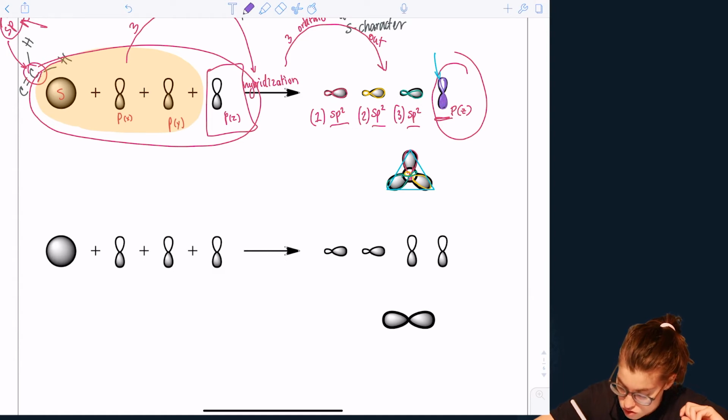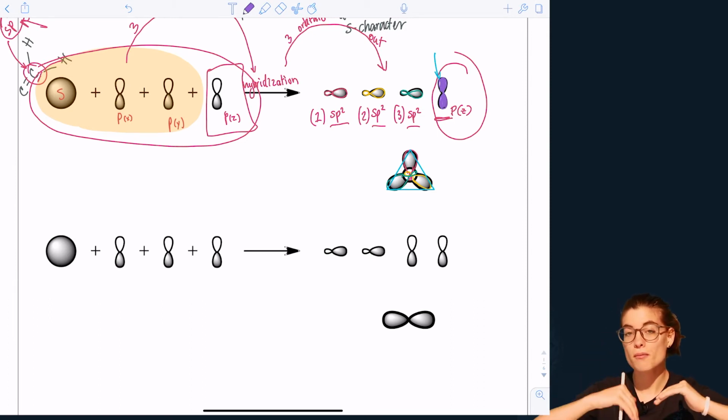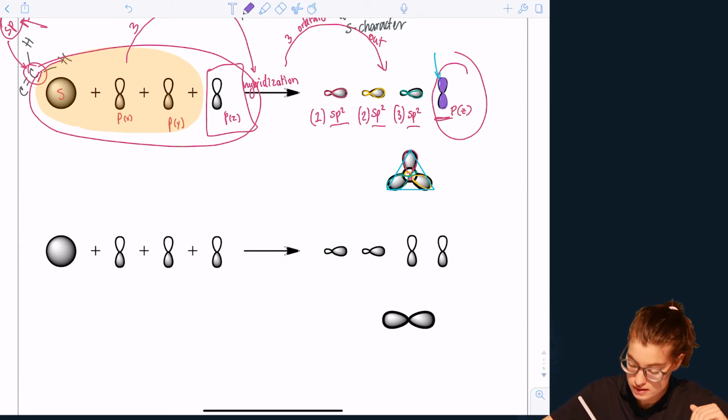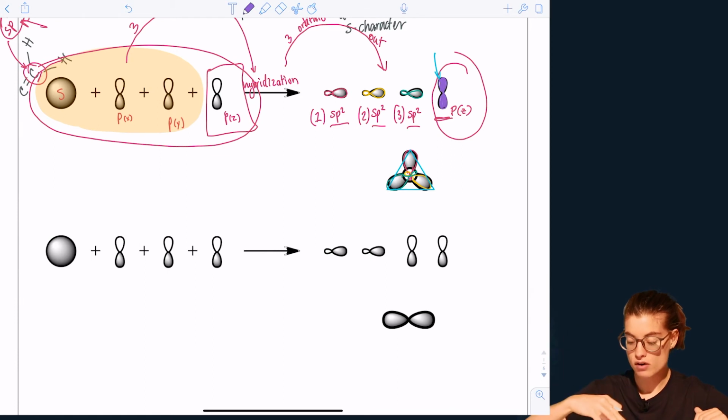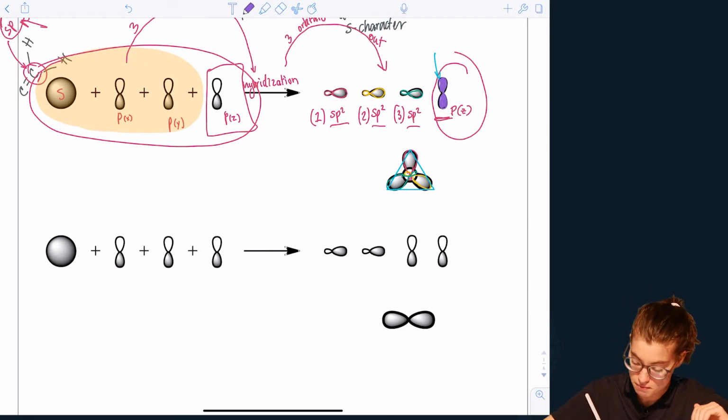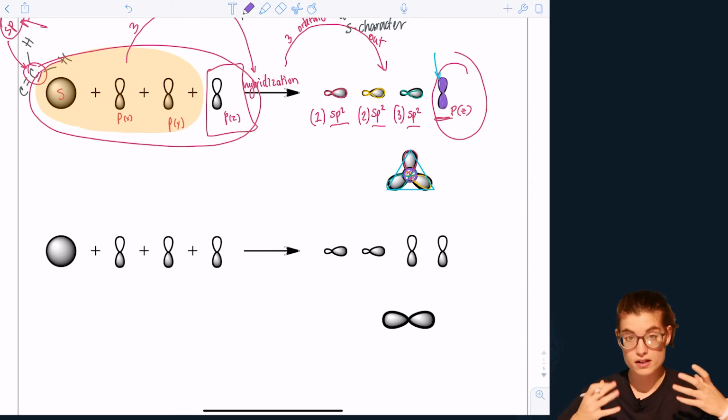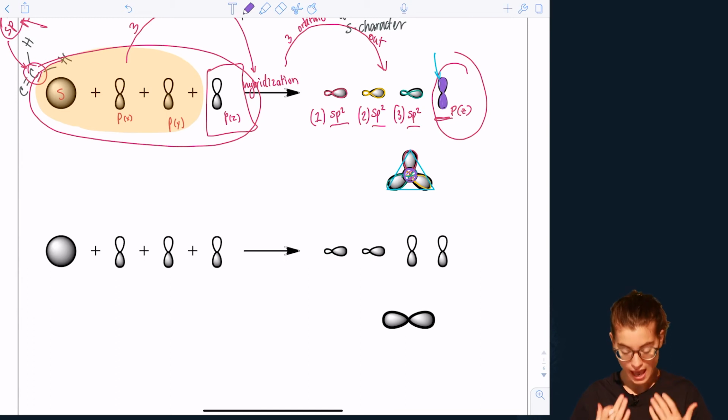Okay? So this p orbital is actually going to be going perpendicular to the plane that we have with our hybrid orbitals. So if I'm looking down at this picture and I'm looking down at this flat plane, my p orbital is actually going to be coming directly out at my face and directly behind the plane.